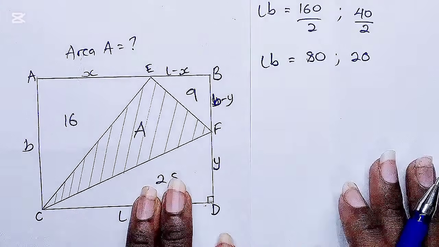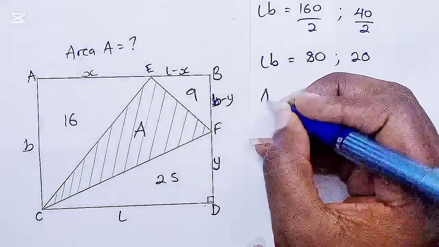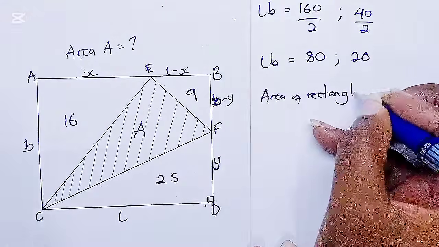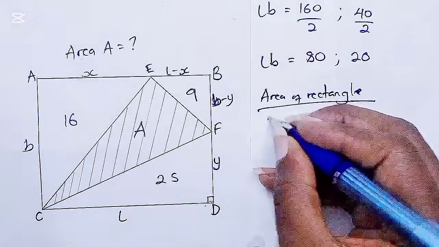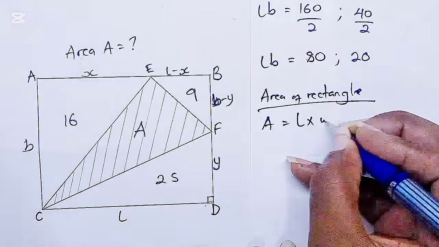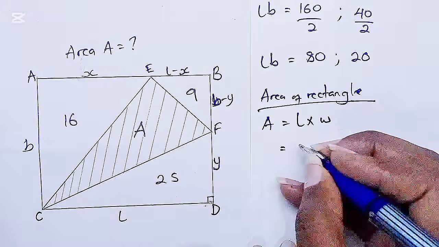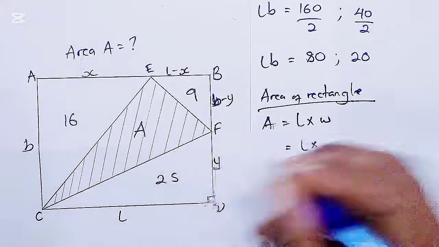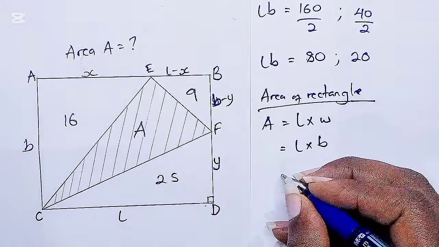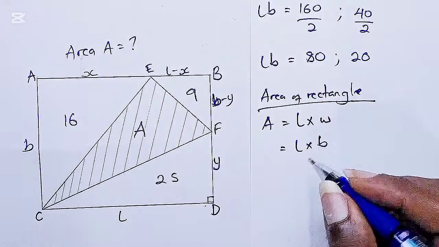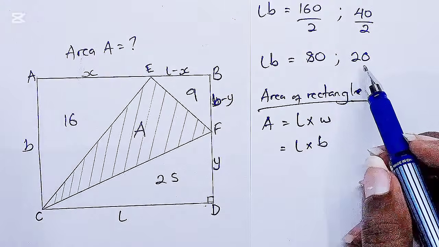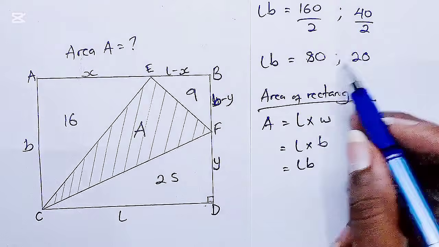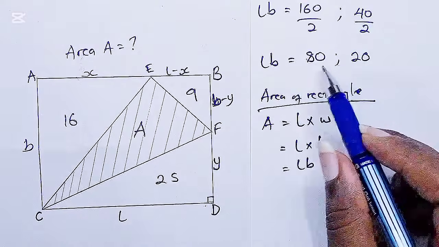Now we know that the area of a rectangle is given by length times width. So here the length is L and the width is B. We've already got LB as 80 or 20.